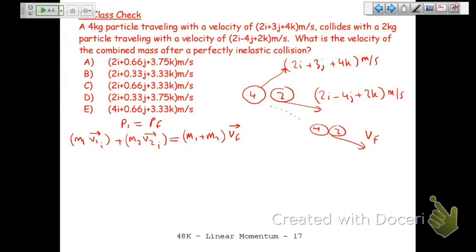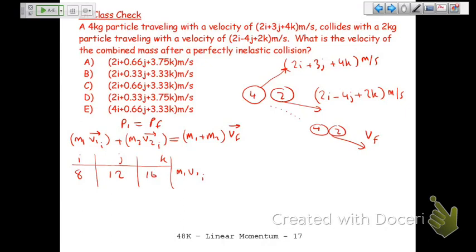I'm just going to say I, J, K. The first thing I want is M1 V1 initial. So I look here and that's an 8, and 4 times 3 is a 12, and 4 times 4 is 16. So you see where I got that from?